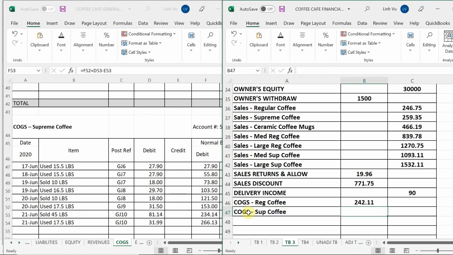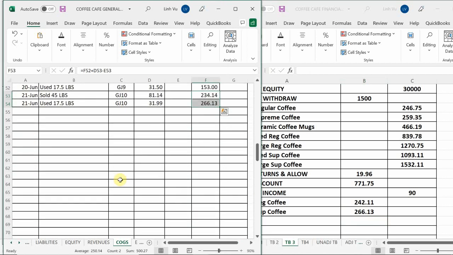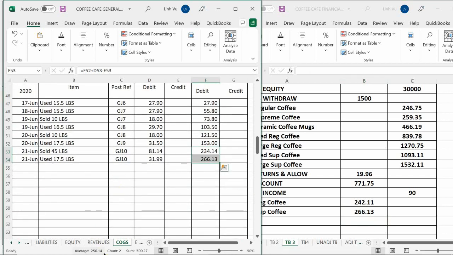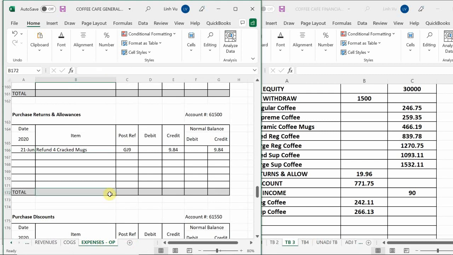For a total of 266.13. All right. Last is going to be all of our operating expenses.